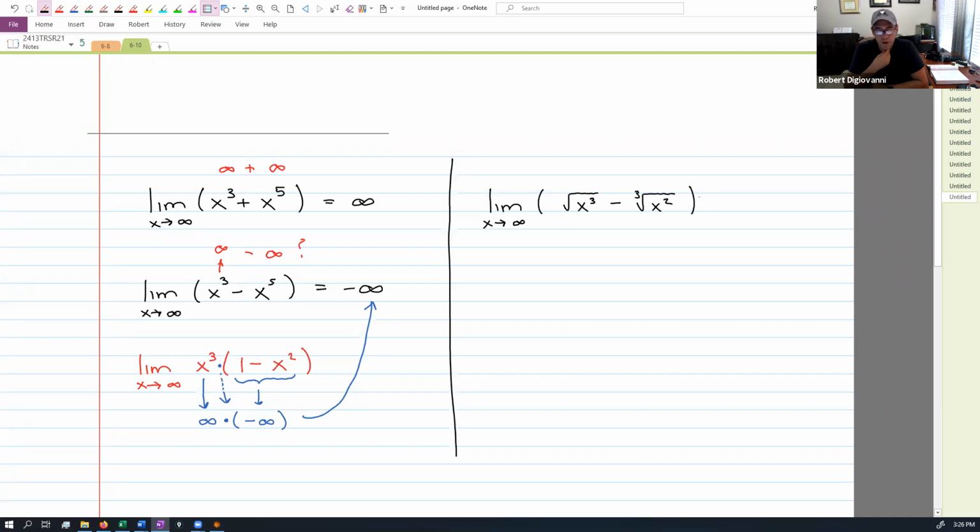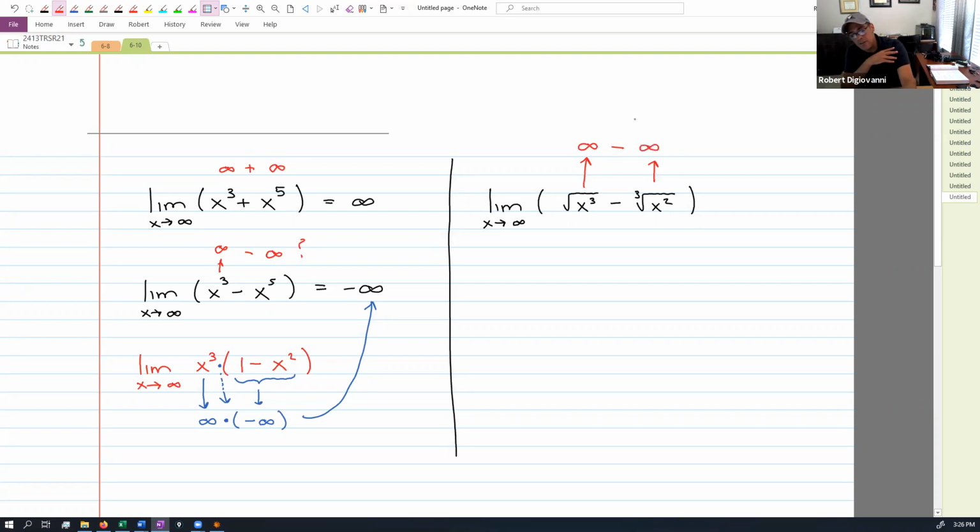So that might look weird at first, all right? But let's just think through this. This is infinity cubed, square root of that, which should still be infinitely big, minus this, which is infinity squared, but then the cube root of that, which should still be infinitely big.